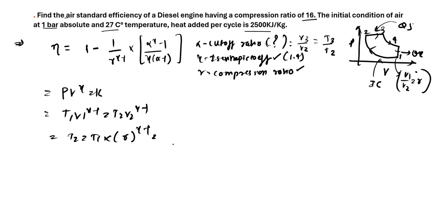T1 is 27 degrees Celsius, which is 300 Kelvin, into 16 to the power 0.4.